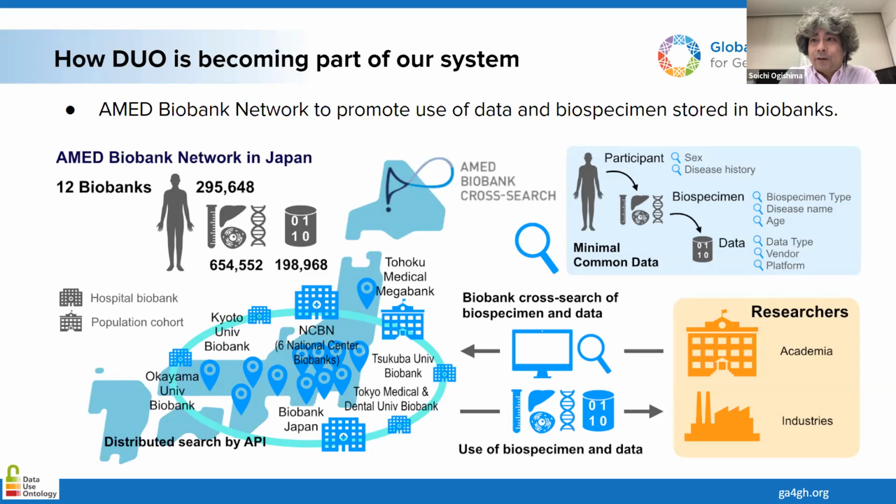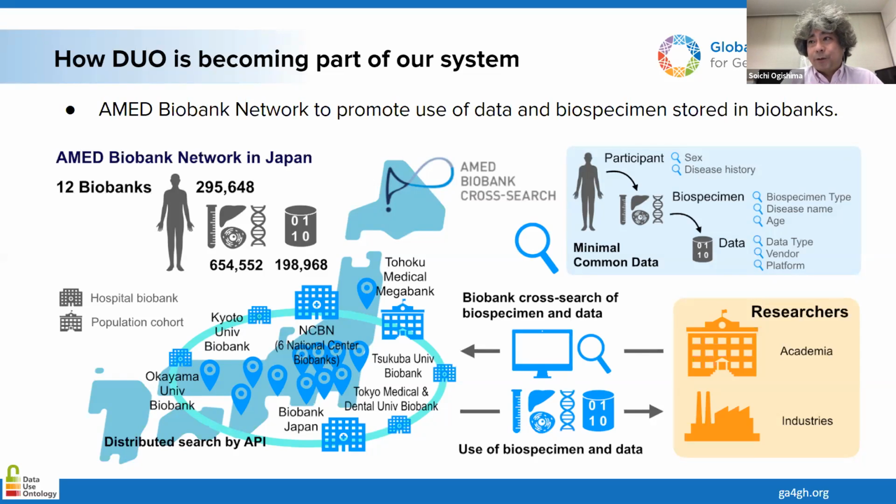For academic and industrial users, our biobank network will provide a biobank cross-search service for finding the biospecimens and data in our biobanks. The user can search biospecimen data with conditions, as you can see, such as sex, disease history, biospecimen type, disease name, age, data type, vendor, and platform.